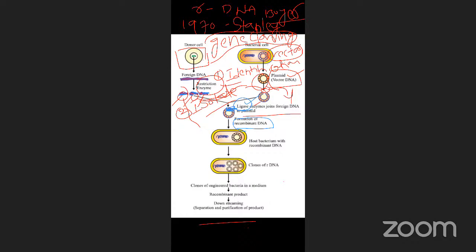Another bacterial cell. Because what is the natural habitat of plasmid? Plasmids are inside the bacterium only.